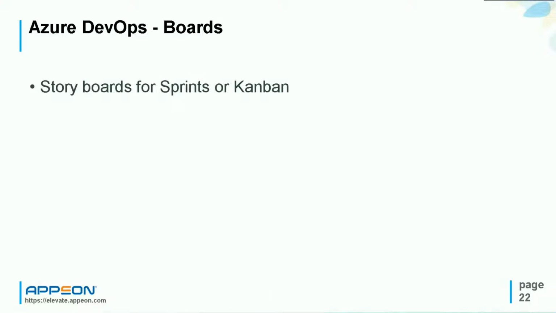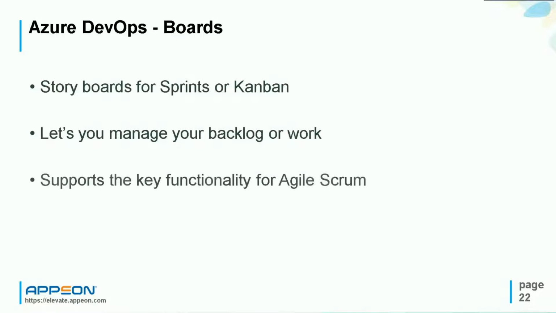So, like I said previously, there's storyboards for sprints or for Kanban. It lets you manage your backlog, so you could have a backlog owner that works in Azure DevOps, managing your stories and setting the priority of your stories.